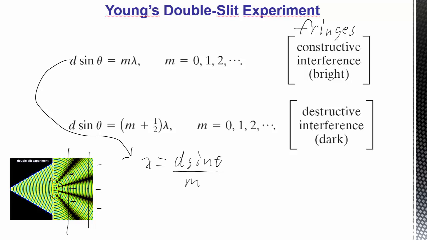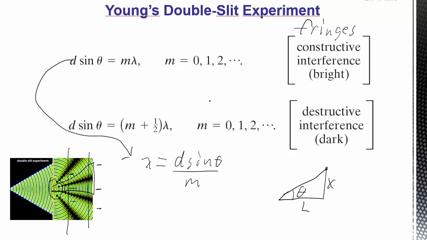Well, sine theta is going to be the angle to my bright spot, right? Okay, and I'll draw it over here. Can't really see it over there. Okay. So if I have a bright fringe right at this location, there is theta. This is the length L, and this is x.